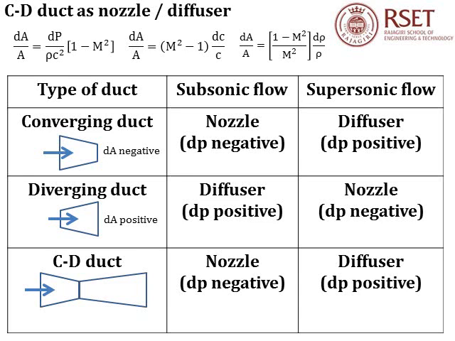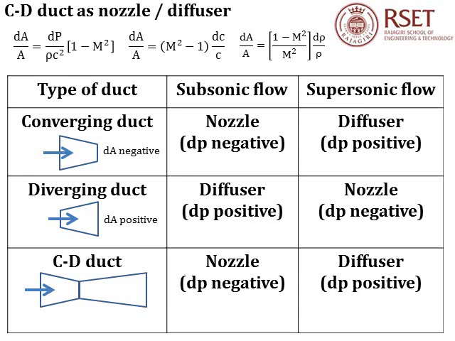That is, at the inlet of the CD duct, the flow should be supersonic, and as it passes through the duct, there should be increase in pressure, and eventually the velocity reduces and the Mach number should become equal to 1 at the throat.